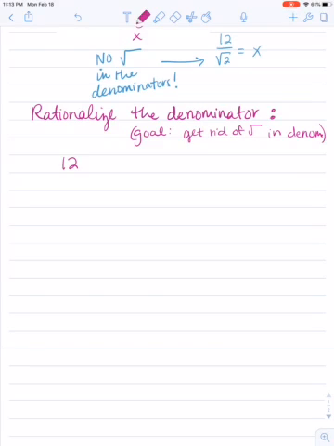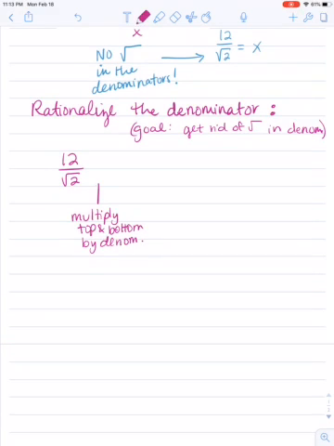So if I want to get rid of this square root of 2 in the bottom of this denominator, right? The first step is going to be to multiply the top and bottom by the denominator. Okay, so we're going to multiply the bottom and the top by the square root of 2. Which is totally allowed because this itself is just 1.